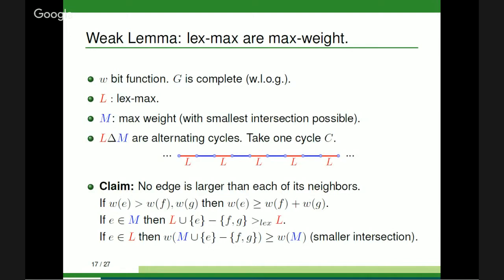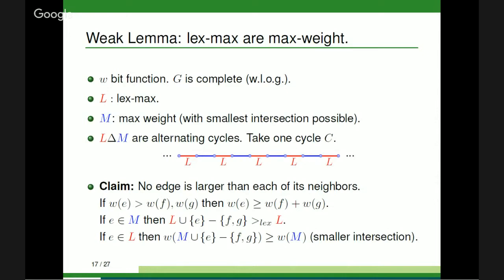Let's assume that the central edge is part of the maximum weight matching. But then that's a problem, because you could take the original matching L, remove F and G, and add the central edge E. This new matching, L prime, is a matching, though not a perfect matching.